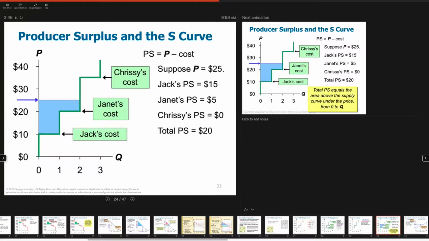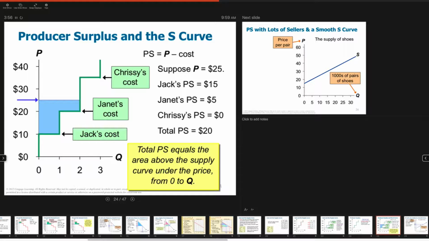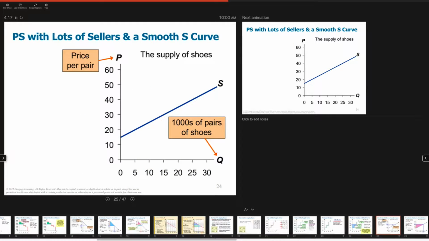So where consumer surplus is from the demand curve down to the price, producer surplus is from the supply curve up to the price. So if we got this, straightforward enough. You guys are just squirrely today. I'm just ready to get... All right.